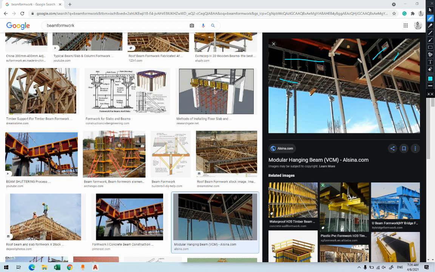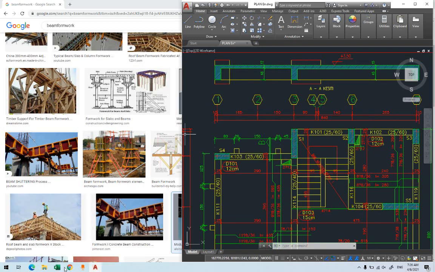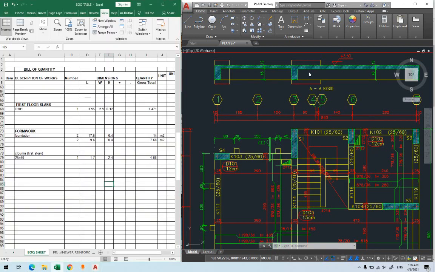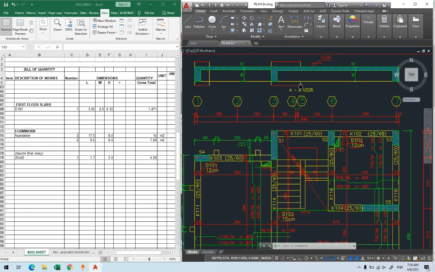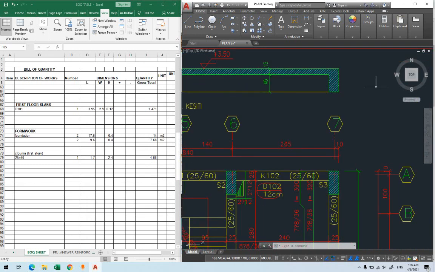Now you realize that this formwork comes from where? This is the slab. Look, start from the slab to the bottom of the beam. Now why is this going to help me? Because if I come to AutoCAD, if you want to calculate, I'm just going to show it over this section here. When we want to calculate a formwork, let me just do it here for you in order to understand.